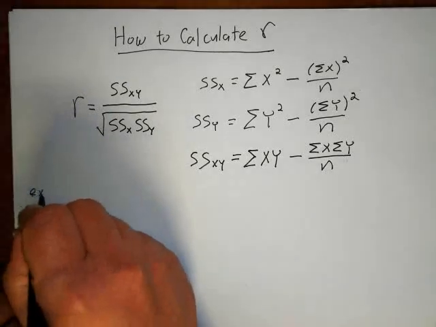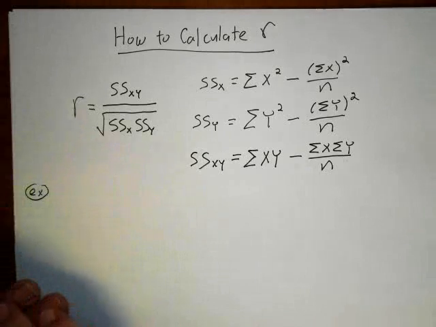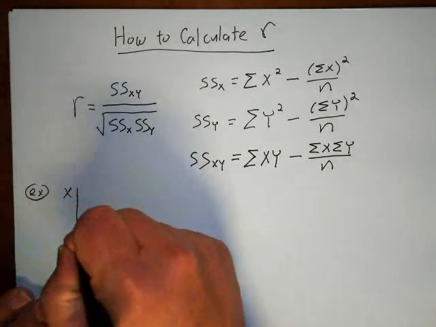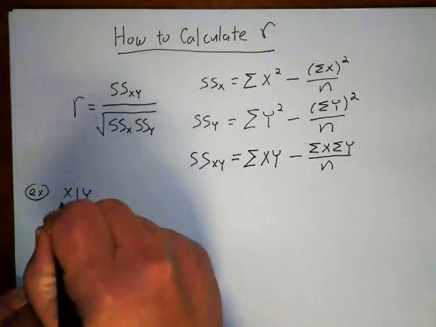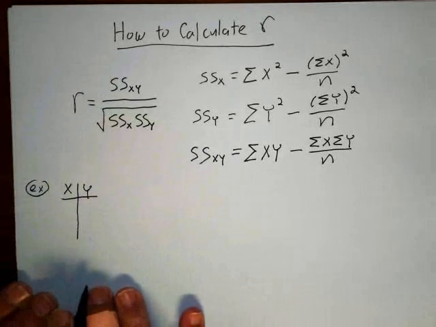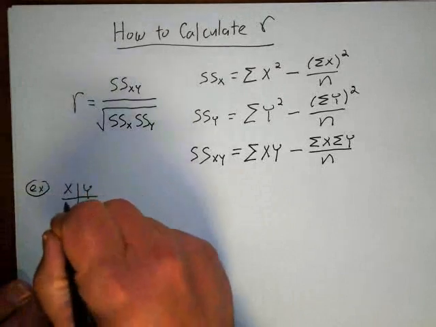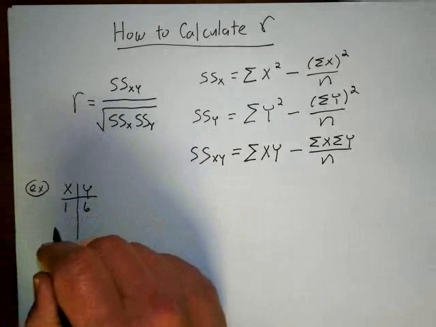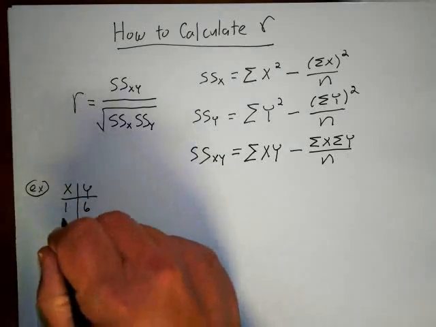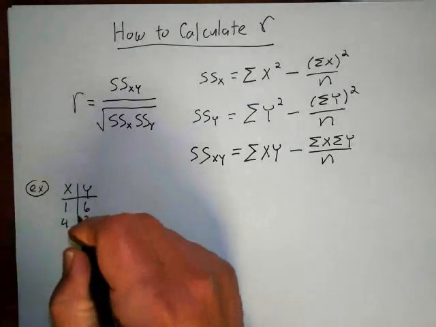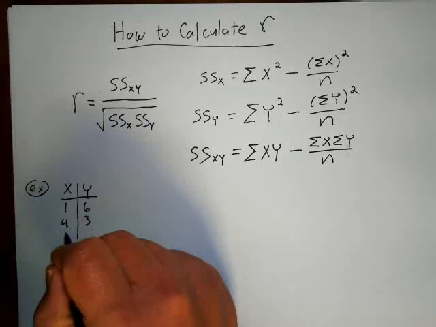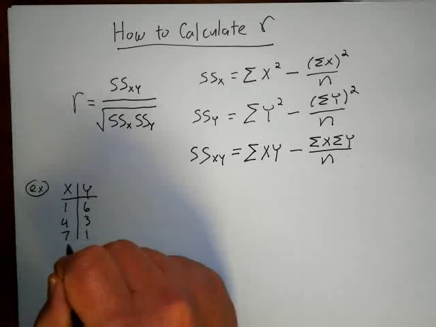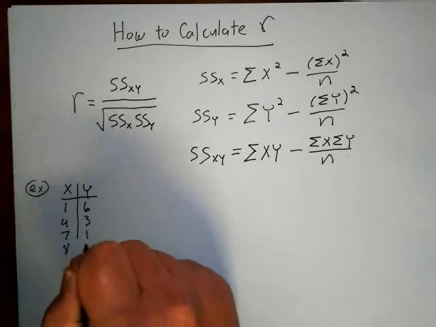So let me give you an example here. I'm going to give you x and y coordinates. So let's say we have 1, 6; 4, 3; 7, 1; and 8, 2.